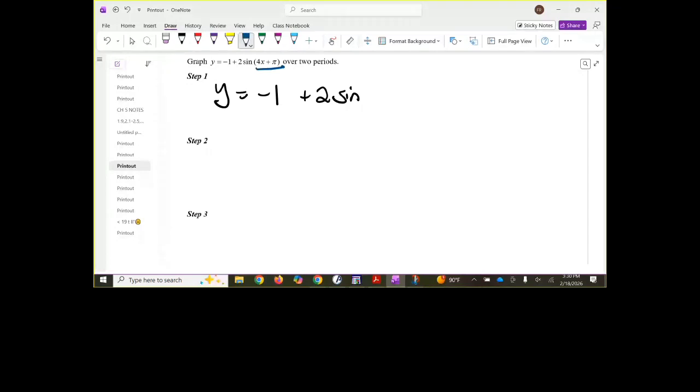Right now it's not. So I'm going to factor out that 4. When we factor out that 4, remember what we're essentially doing, y'all. We are dividing everything inside my parentheses by a 4. So 4x divided by 4, just an x. Pi divided by 4, pi over 4.